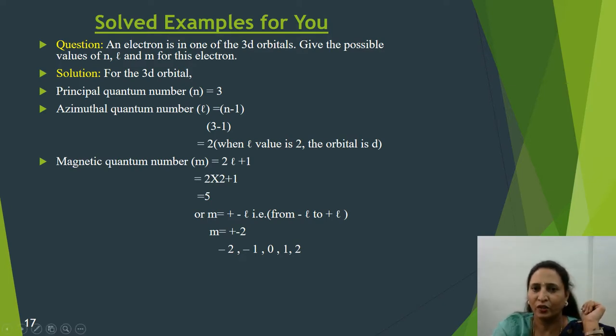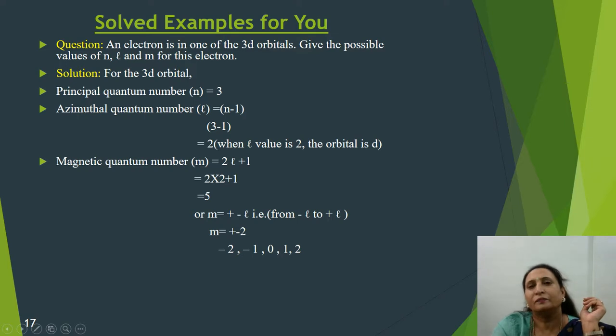Using 2l plus 1, it gives a value of 5. So for this electron in a d orbital, n is 3, l is 2 and m has 5 values: minus 2, minus 1, 0, plus 1 and plus 2.